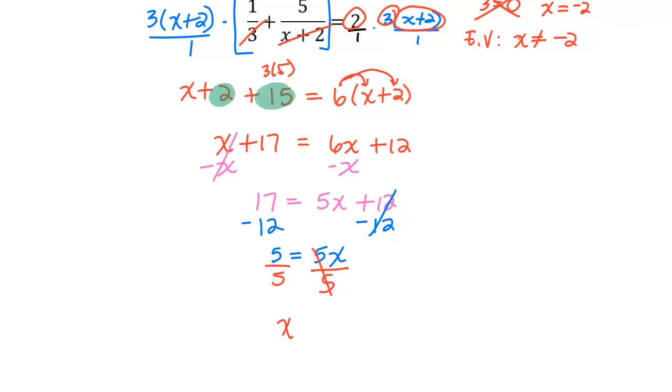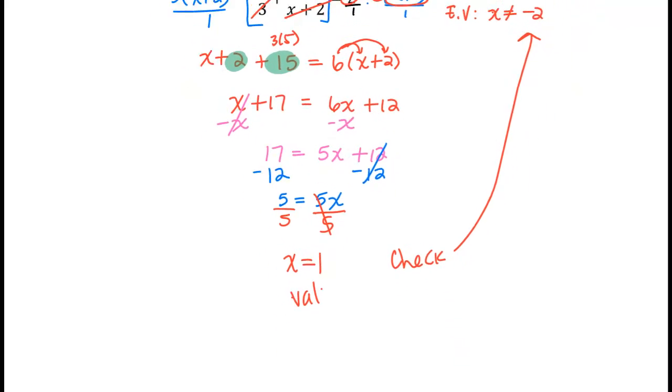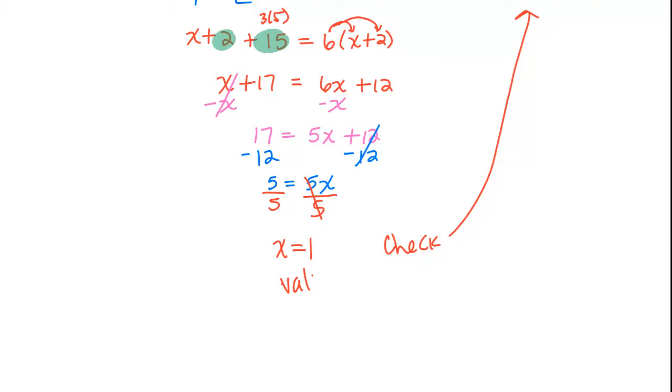And I get x is equal to 1. And then don't forget to check your solution. My excluded value is negative 2. That's not negative 2, so this is valid. This is a valid answer, and I get x equals 1.